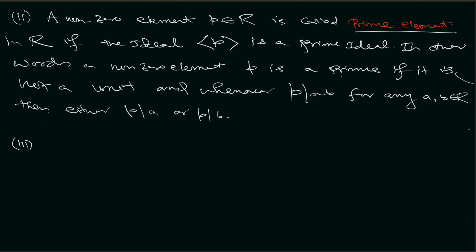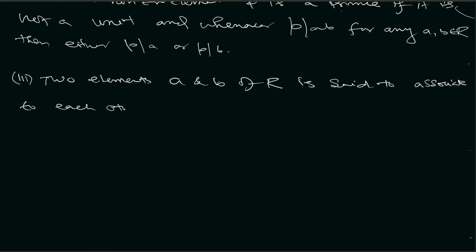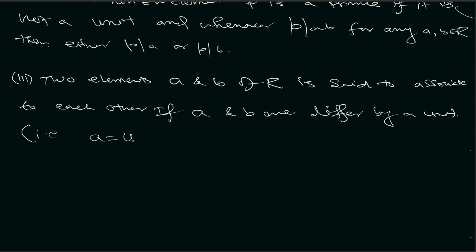Two elements a and b of R are said to be associate to each other if a and b differ by a unit, that is, a equals u times b, where u is a unit, or b equals u dash times a, where u dash is a unit.